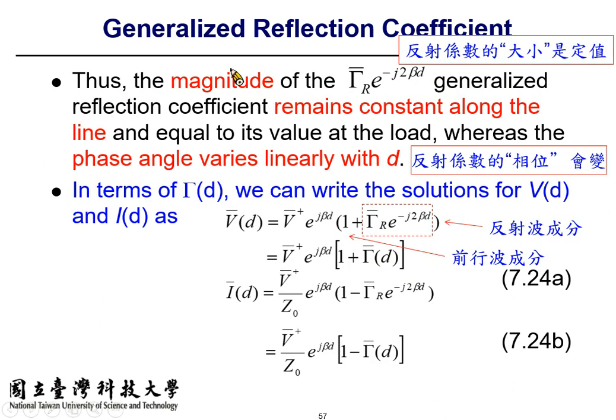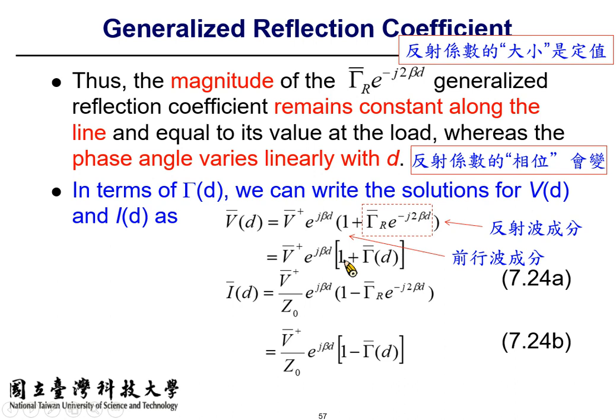And so with the new expression for the reflection coefficient, that is, the reflection coefficient at position d, the total voltage and total current can be rewritten as this. So here you have V plus exponential j beta d times 1 plus gamma d, which means the forward-going and the reverse-going, the incident and the reflected voltage signals.